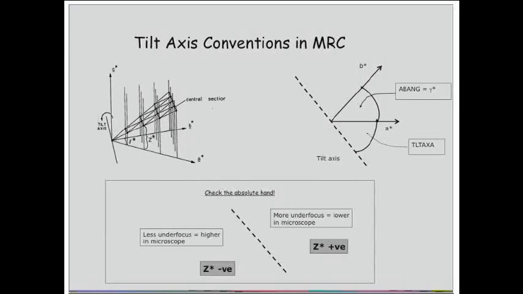And if you give it the wrong sign, the tilt, you'll end up with the wrong hand of your structure. So good to be slightly paranoid about this, because there are even instances in the literature where the hand has been misassigned. So a structure has been published as left-handed when it should have been right-handed. So you cannot be too compulsive about making sure that you've got the hand right.